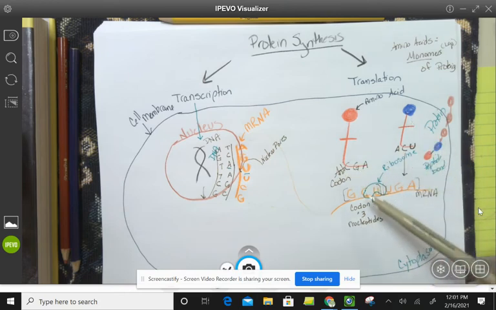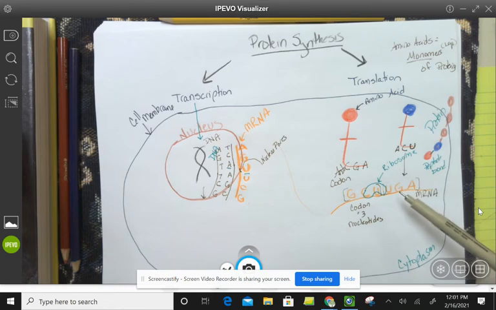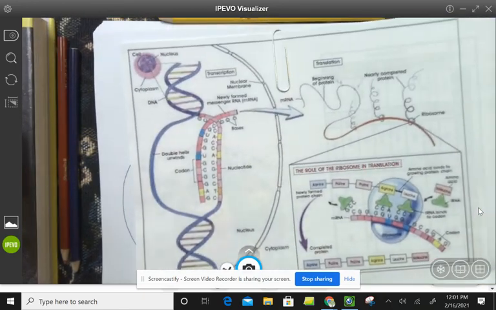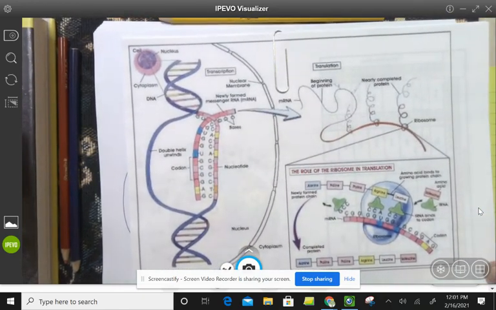We still follow the rules for base pairing. Okay? And as these transfer RNA drop off their information, they leave their amino acid behind. The amino acids link together in a chain, and that chain is a protein. So this picture looks exactly like this picture, if you ask me.